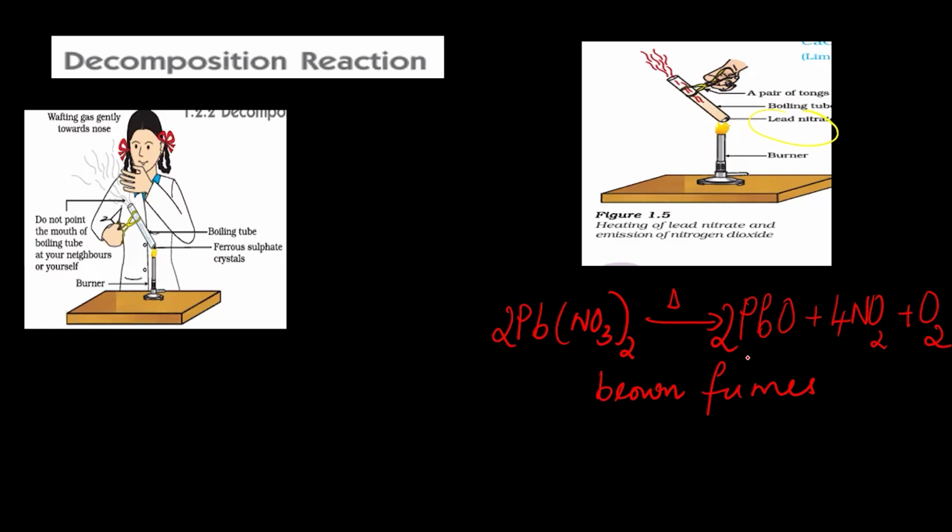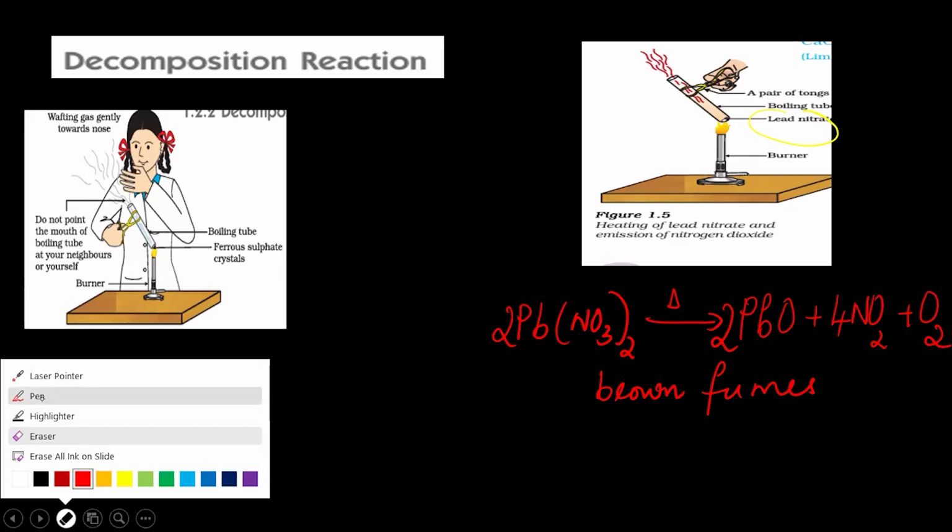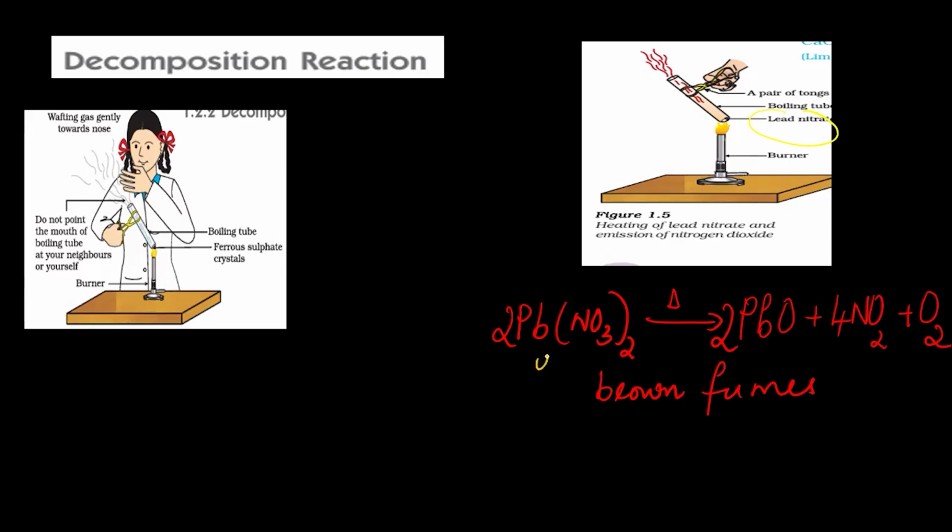What color is lead nitrate, Pb(NO3)2? Sorry, it is white in color. Lead nitrate is white color, which is turning to yellowish PbO. So these are the two observations we see in this reaction.